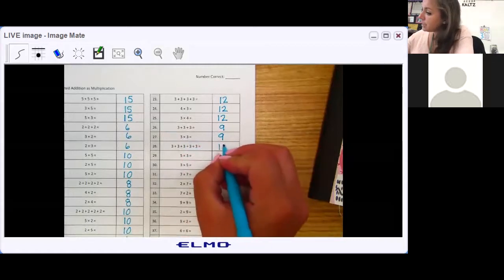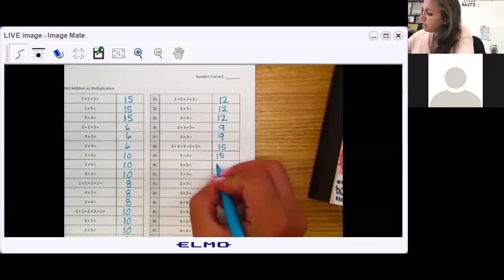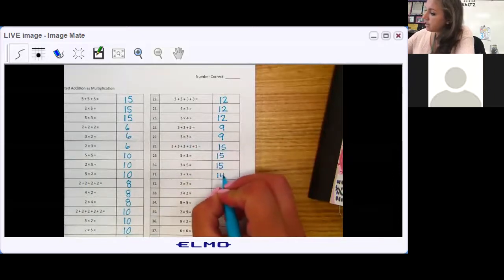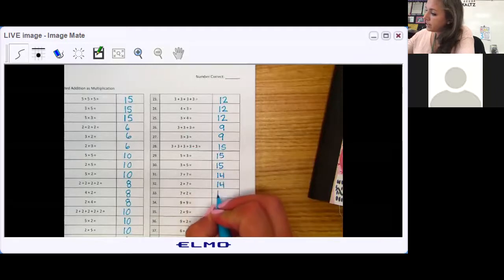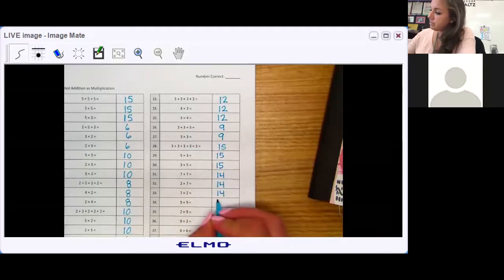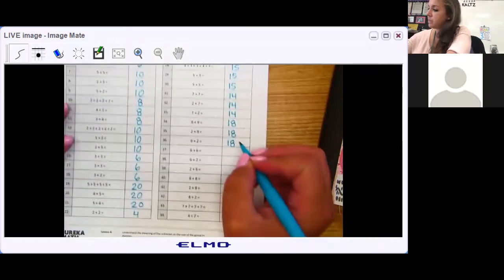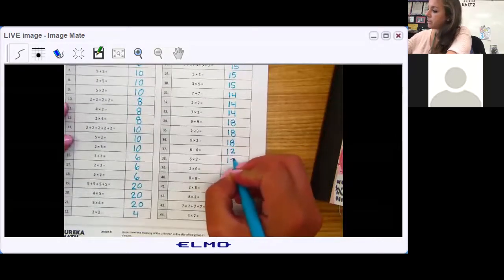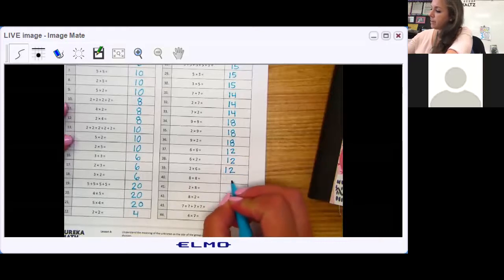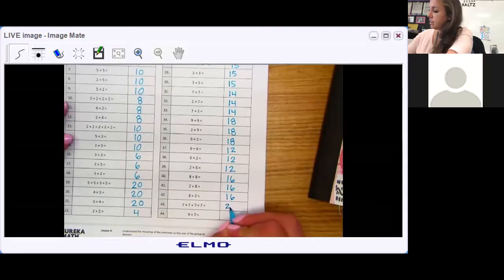So we have 15, 15, 15, 14, 14, 14, 18, 18, 18, 12, 12, 12, 16, 16, 16, 28, 28.